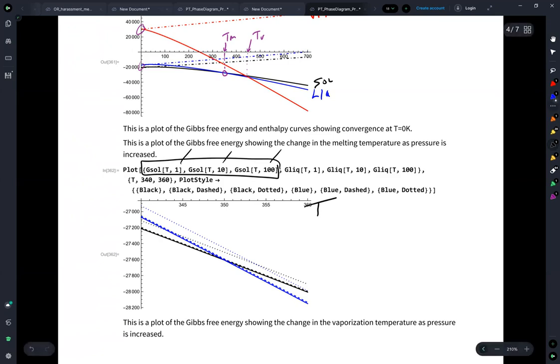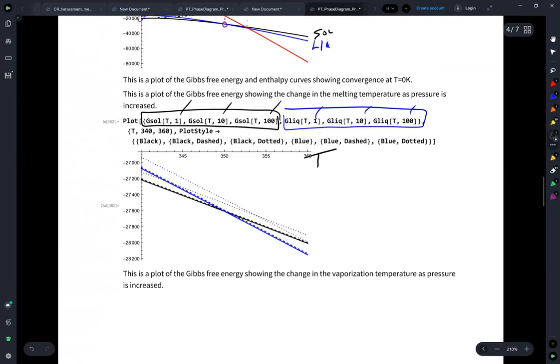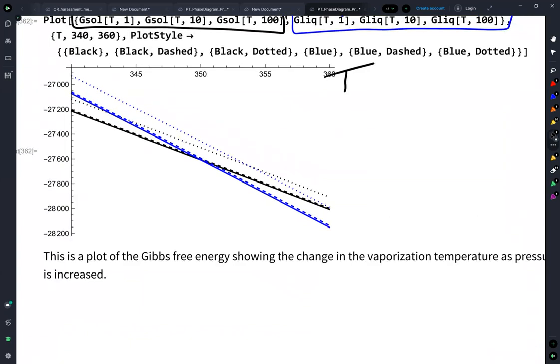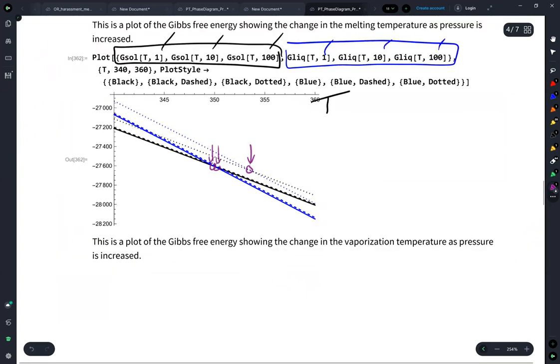And the liquids in blue, again at 1, 10, and 100 atmospheres. And you can see how changing the pressure results in shifts in the melting point.